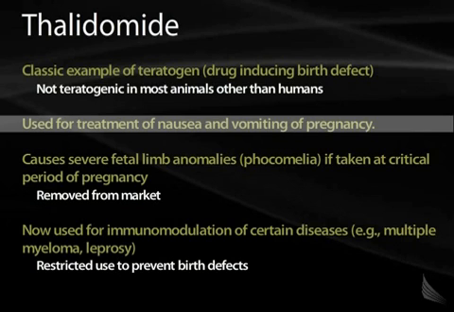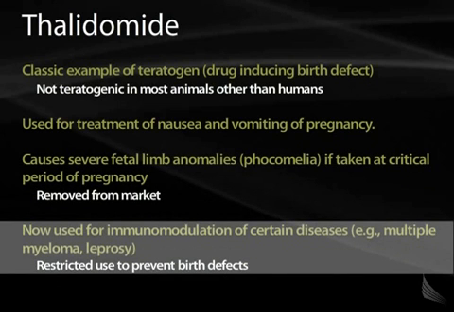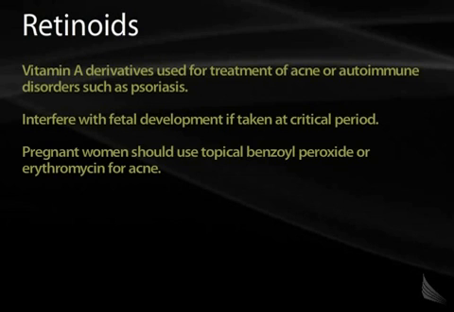However, it was shown that babies born from mothers using thalidomide would develop severe limb anomalies known as phocomelia if it was taken at the critical period during pregnancy. Therefore, it was removed from the market for nausea and vomiting. However, thalidomide is still used for certain diseases such as multiple myeloma and leprosy. It cannot be used by pregnant women.